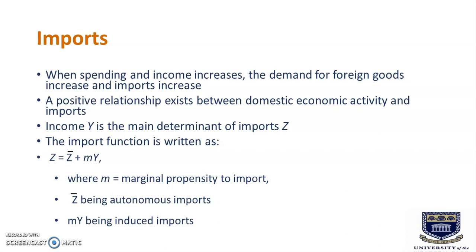Remember that imports represent a leakage from the circular flow of income and spending. When we spend on goods and services produced internationally, it means we're reducing our spending on locally produced goods and services, ceteris paribus. Whereas exports are added to the components of aggregate spending, imports need to be subtracted.